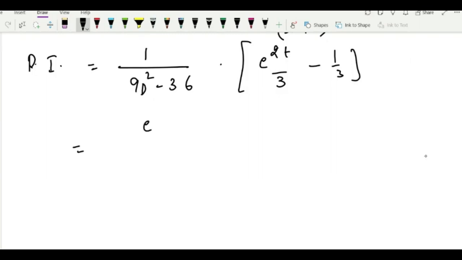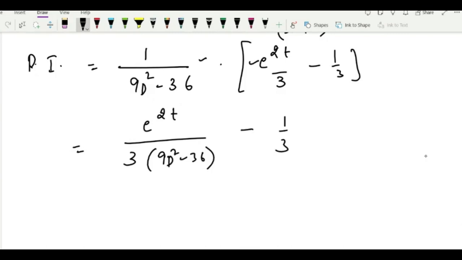Here we have e raised to power 2t upon 3 by 9D square minus 36, just taking common 1 upon 3 times 1 upon 9D square minus 36. In this case we can write e raised to power 2t, and when we put D is equal to 2 here, this will become a case of failure. You can see from here, 9 fours are 36, minus 36 is 0.